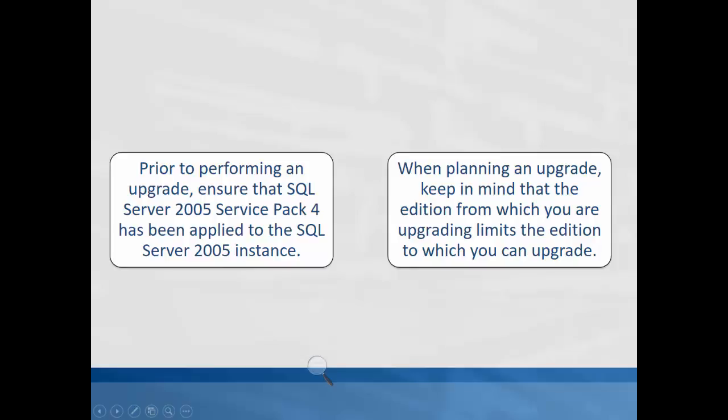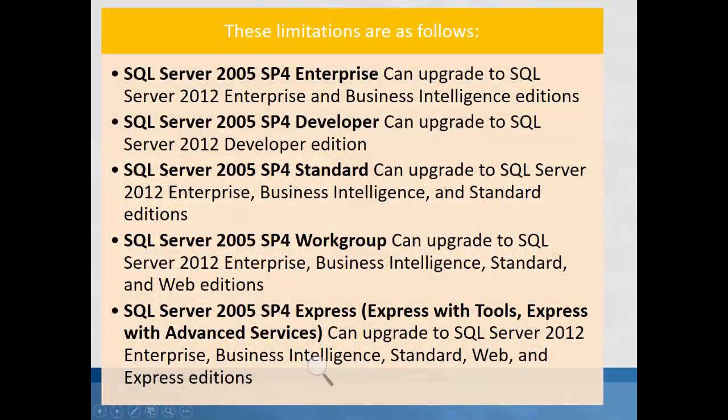When planning an upgrade, keep in mind that the edition from which you are upgrading limits the edition to which you can upgrade. We will be talking about the limitations here. These limitations are as follows. SQL Server 2005 SP4 Enterprise: if you have 2005 SP4, you can upgrade to SQL 2012 Enterprise and Business Intelligence editions.